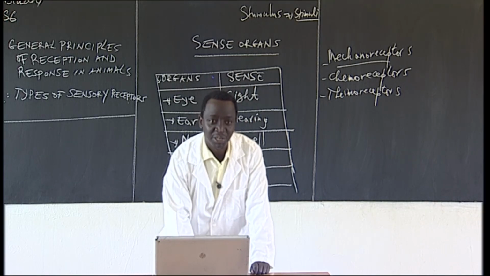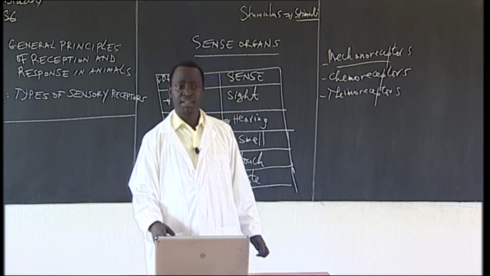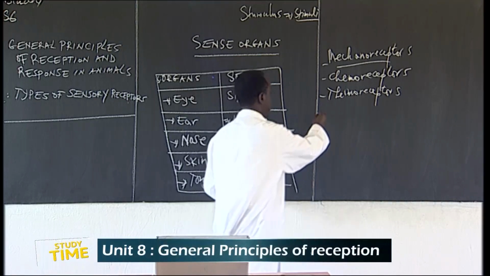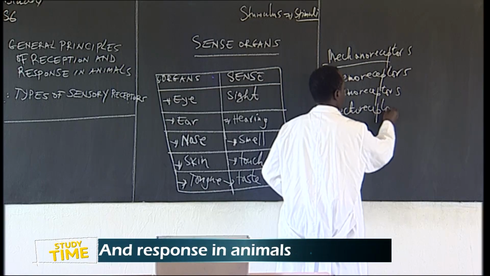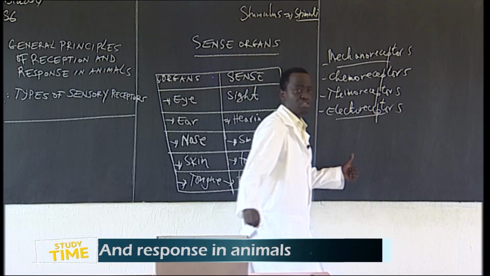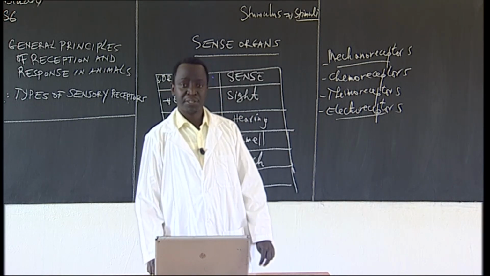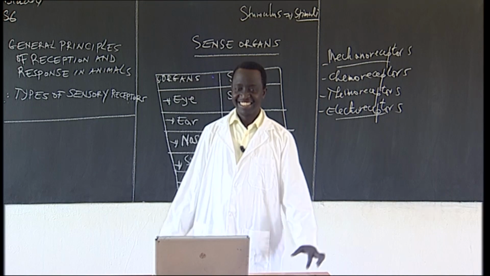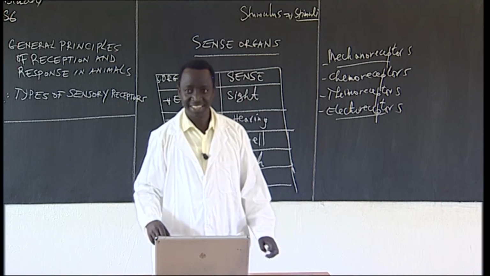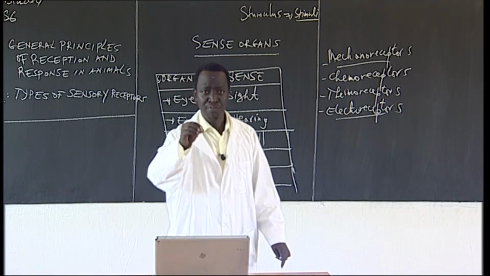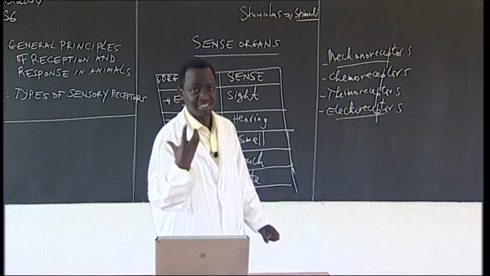We have now what you call electroreceptors. Those detect the electrical field. Sometimes we touch electricity with a finger. What happens? You quickly remove your finger from the electricity.